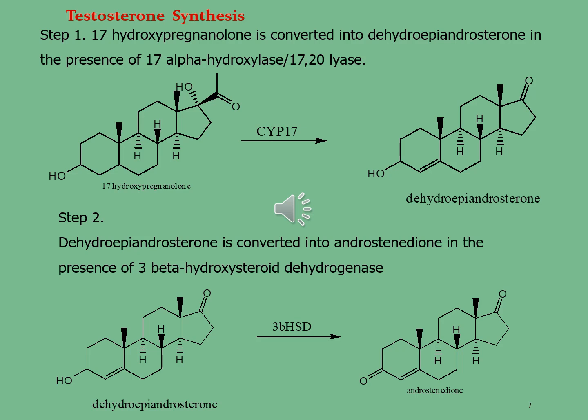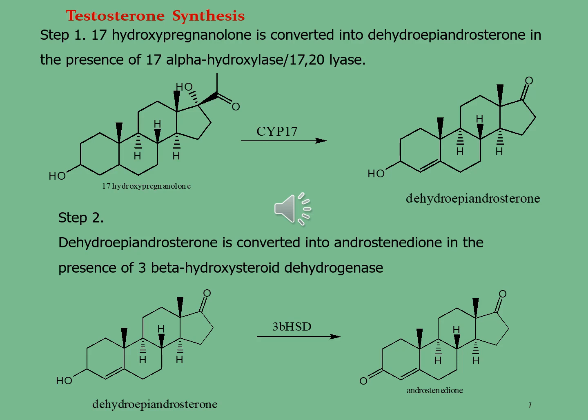In the second step, dehydroepiandrosterone is converted into androstenedione in the presence of the 3-beta hydroxysteroid dehydrogenase enzyme. The androstenedione consists of the carbonyl group at carbon 3 position and a double bond at carbon 4 position.